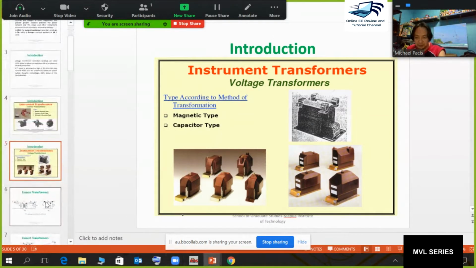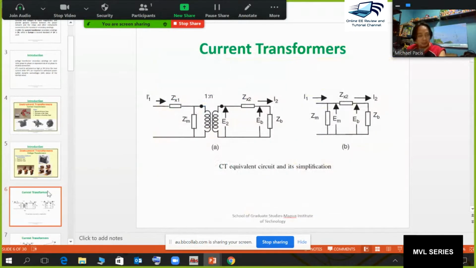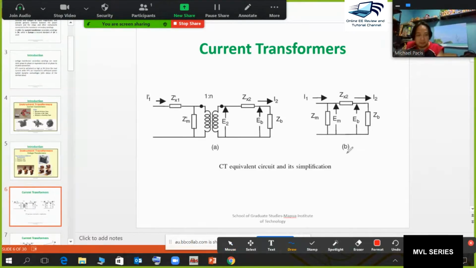Okay, let us move forward to the technical part, at least for the meantime. If you can still recall your transformers, you refer to the primary and the secondary side. This is the equivalent circuit of your current transformer.